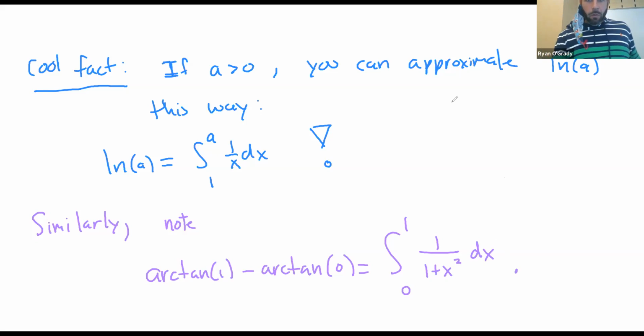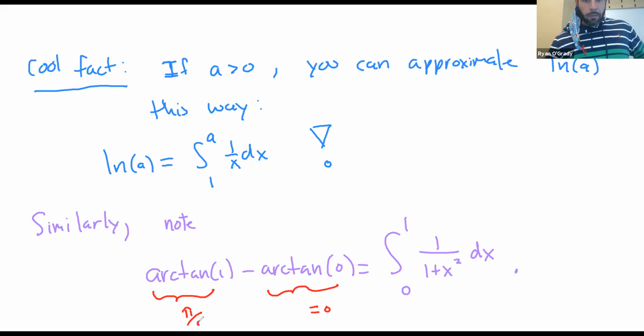Now, what you might not remember, and I will clue you into now, the inverse tangent of 0 is 0. The arctan of 1 is pi divided by 4.